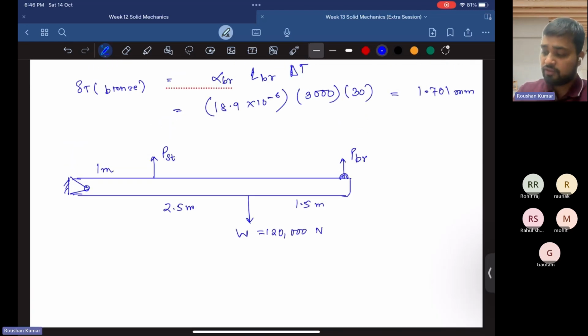So when this load is applied, and if we change the temperature of the system, some thermal strain is developed in the system, and it will look like this.